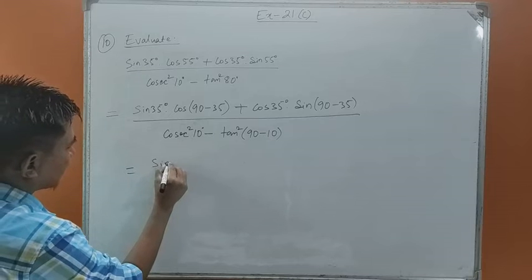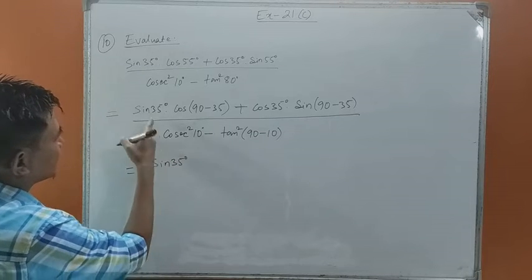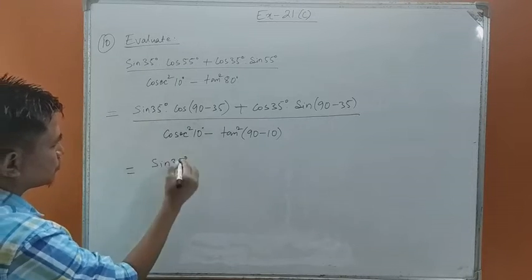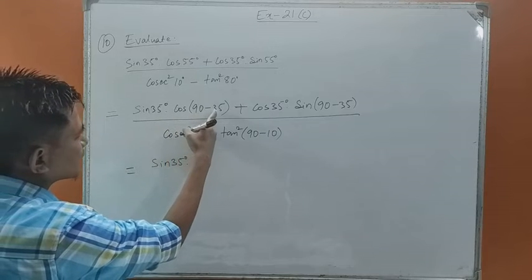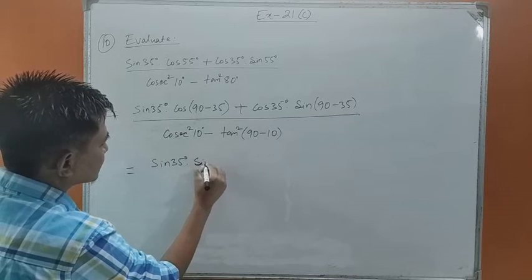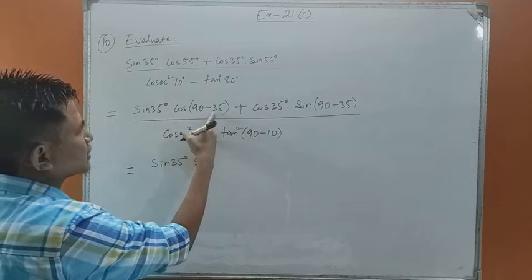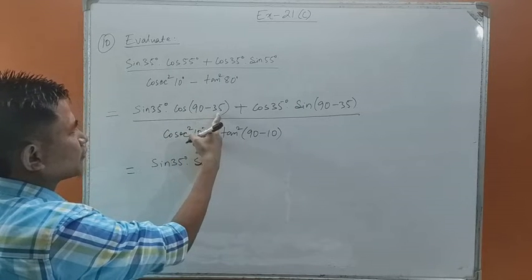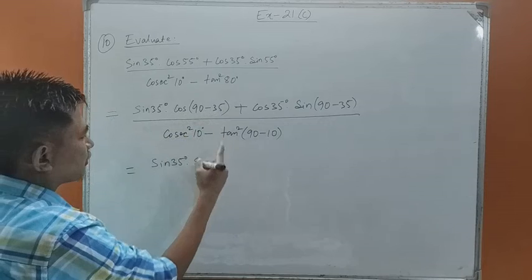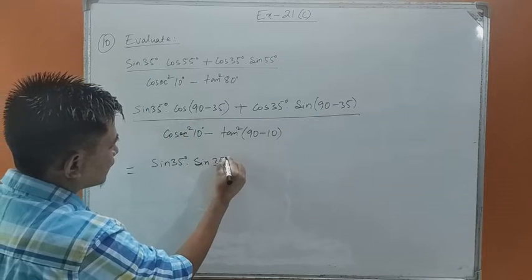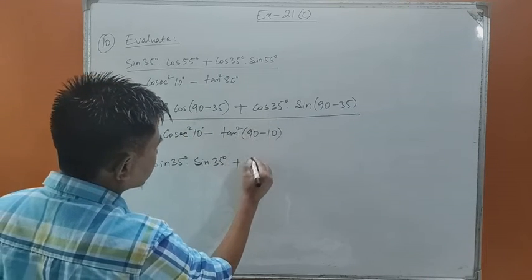Sine 35 degree is already here, we copy as it is, into cos 90 minus theta is sin theta, isn't it? Cos 90 minus theta is sin theta, and theta is how much? 35 degree. Cos 90 minus 35 is sin 35 degree. So plus cos 35 we copy as it is.